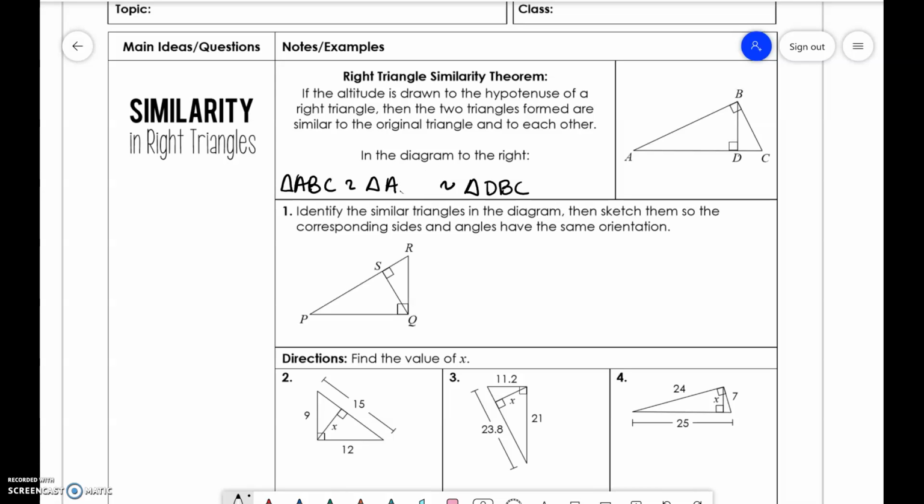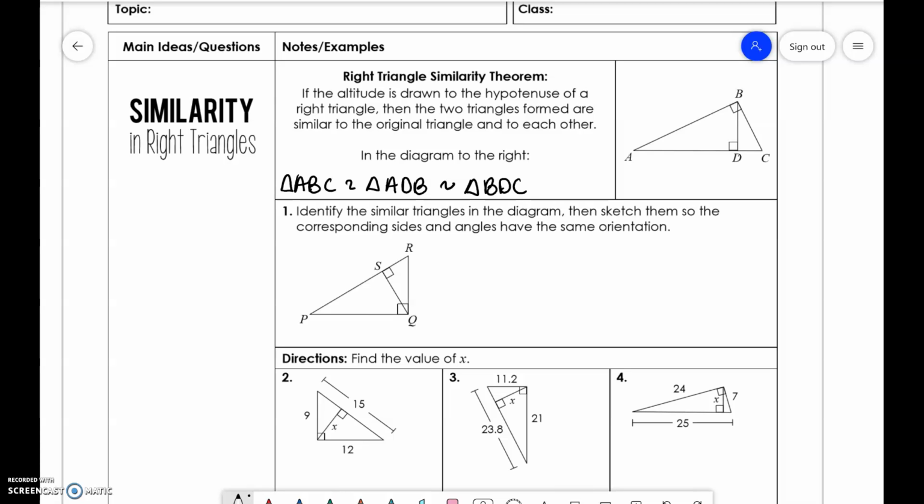And I accidentally wrote these in the wrong order, I'm sorry. So it should be ADB and BDC, because remember when we write these, we have to always stay consistent and make sure that the letters are matching up. So like A and B would be the same point for each of those, okay?